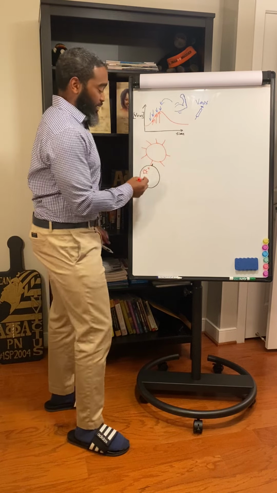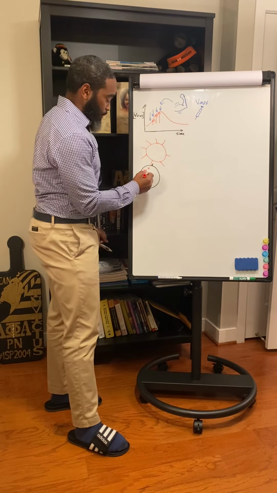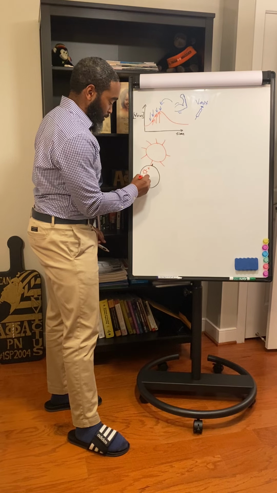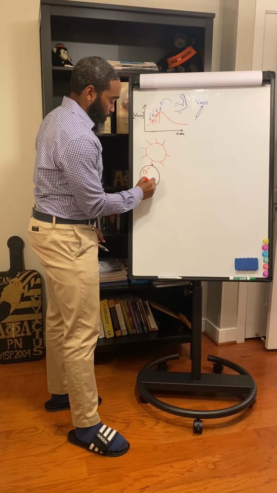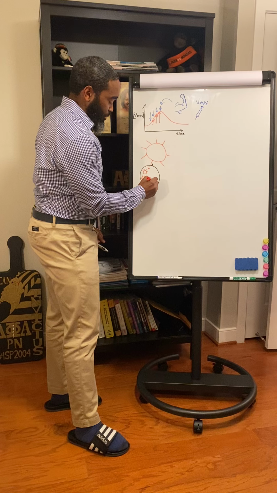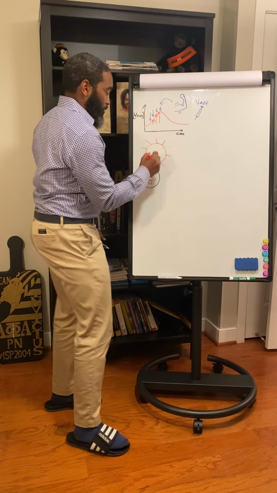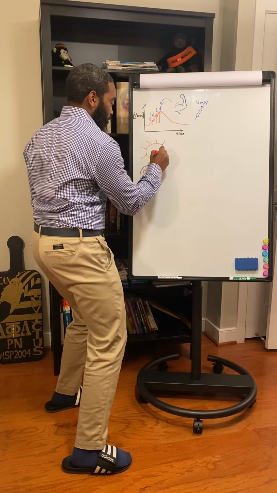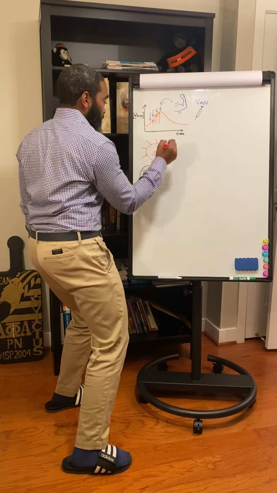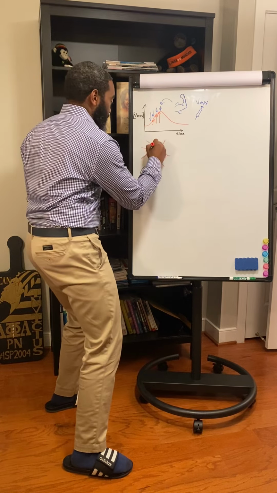And once inside, it will use the cell's machinery to make copies of itself. Now, one other critical element are the instructions that are used to make these copies. And so what I'll draw here are these instructions. They come in the format of a molecule called RNA.